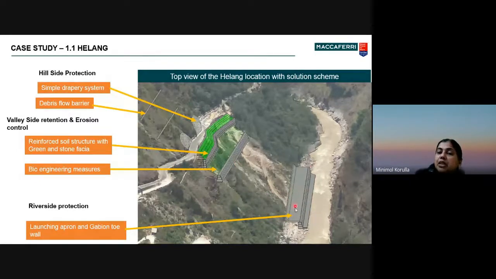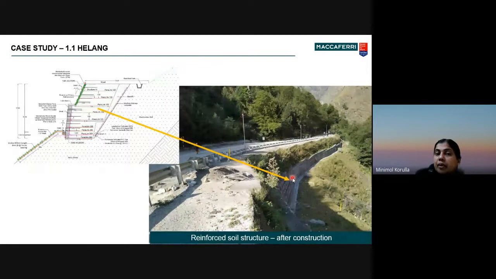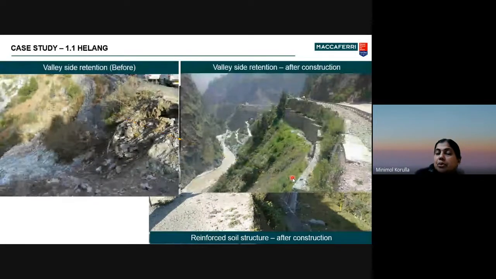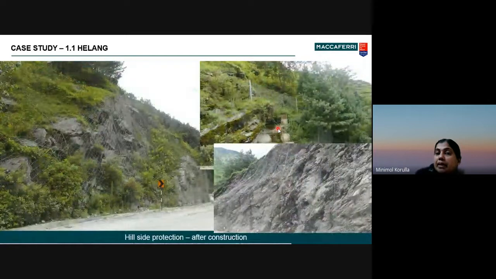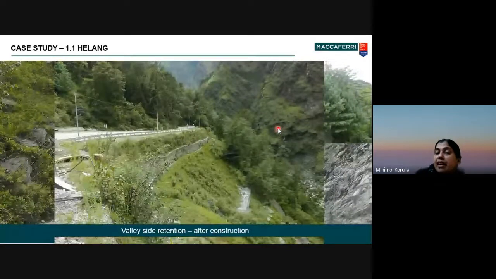So riverside protection with an apron and a longitudinal wall. This is before the protection, and this is after the protection. The vegetation started coming, and slowly it has stabilized the hillside as well as the valley side.